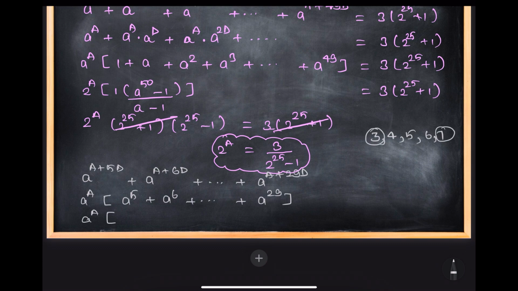So can I say that the number of terms in this case, if the power is consecutive, final minus initial is what? 5. Final minus initial plus 1. Okay, so there are 25 terms.